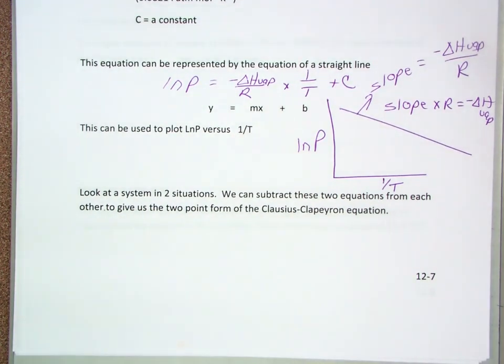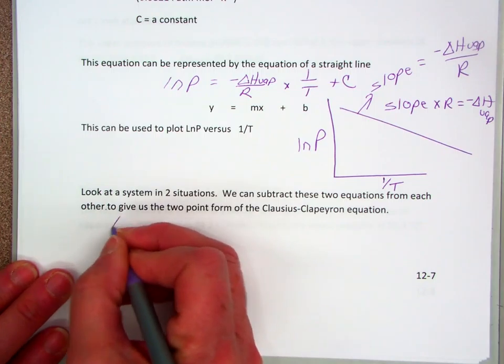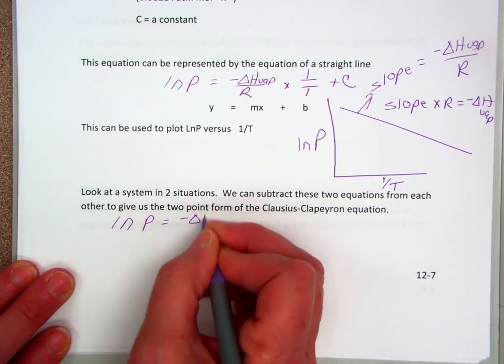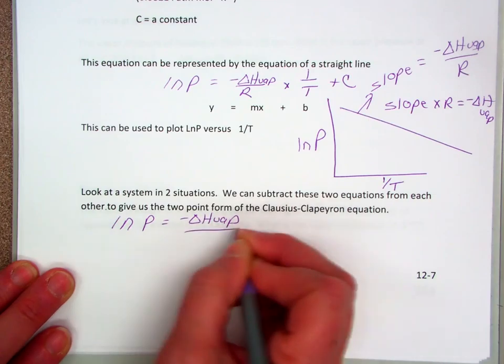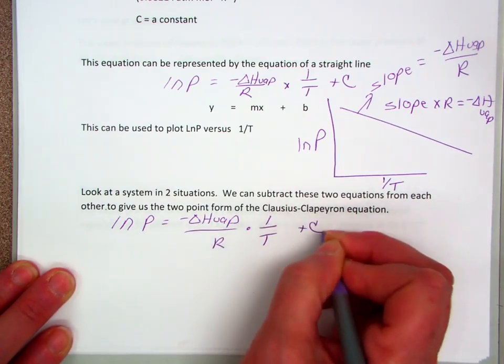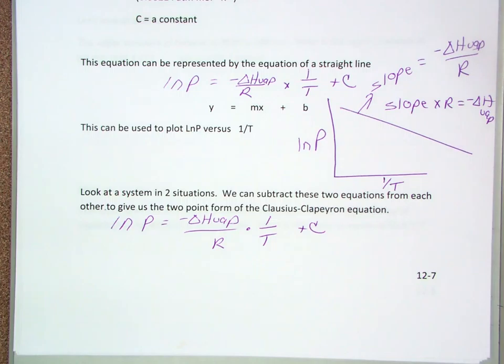So when you think of this, we now have this equation. The natural log of P is equal to minus the enthalpy of vaporization over R times 1 over T plus C. And C is a constant. Remember back in the gas law chapters, we had Boyle's law, Charles' law, the law of Gay-Lussac, and we set them equal to each other in a two-point system.